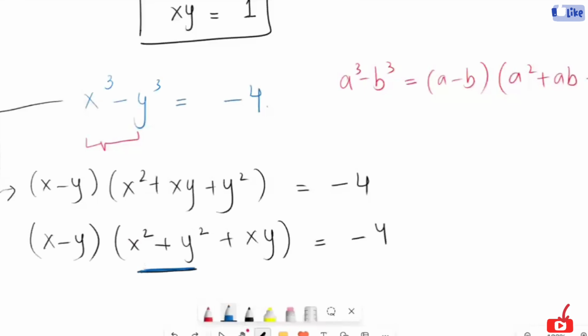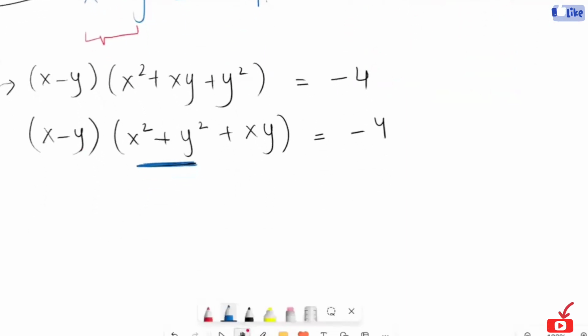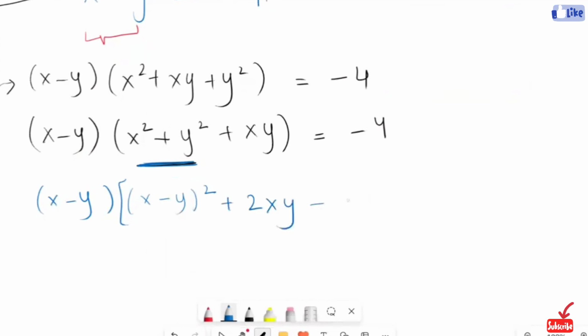Now if you can see carefully, I can use the perfect square formula here. I'm going to write x squared plus y squared as (x minus y) whole raised to the power 2 plus 2xy. xy is equal to 1.